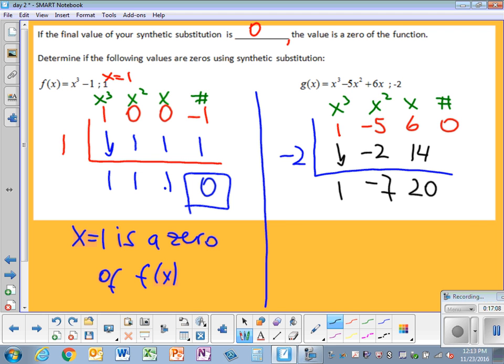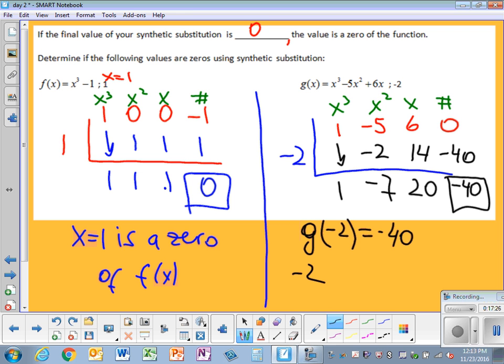Negative 2 and 20 is negative 40. And I add the numbers in the last column. My final answer is negative 40. What does it mean? It means that g of negative 2 is negative 40. It means that negative 2 is or is not a zero? Is negative 2 a zero? It is not, right? Negative 2 is not a zero for this function g.